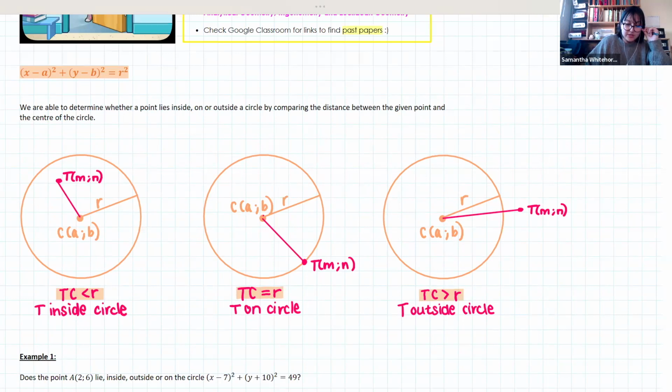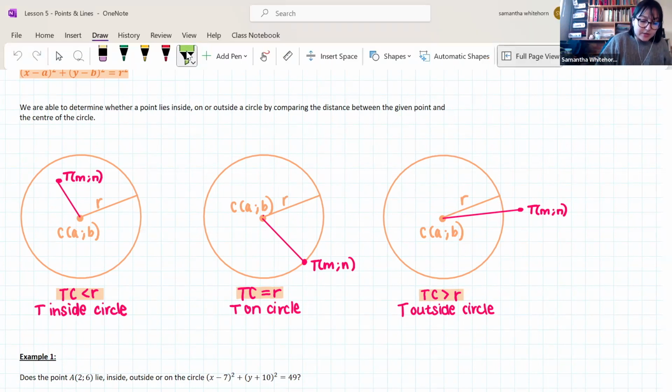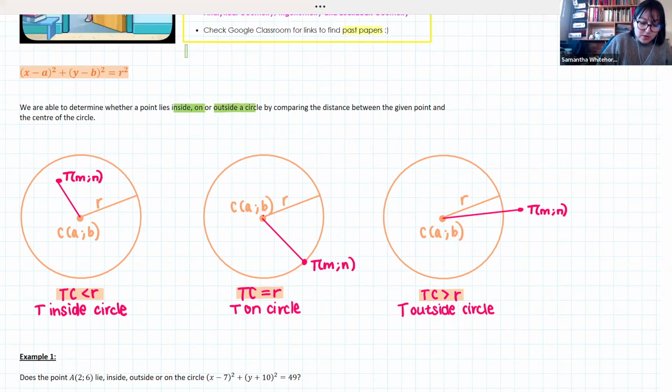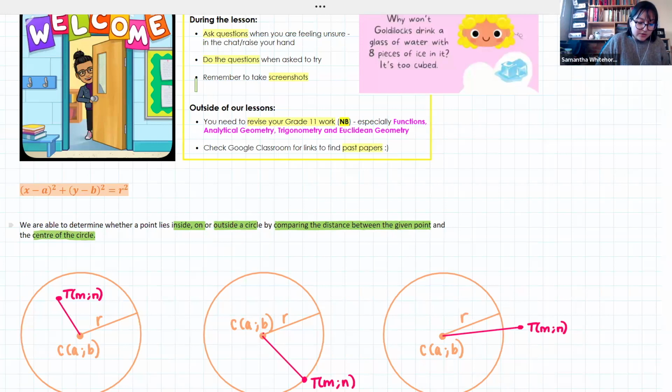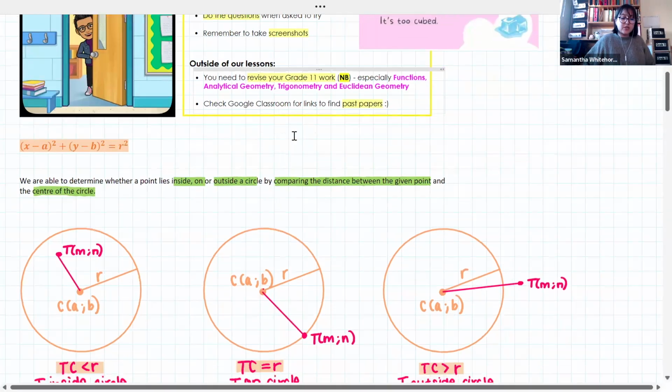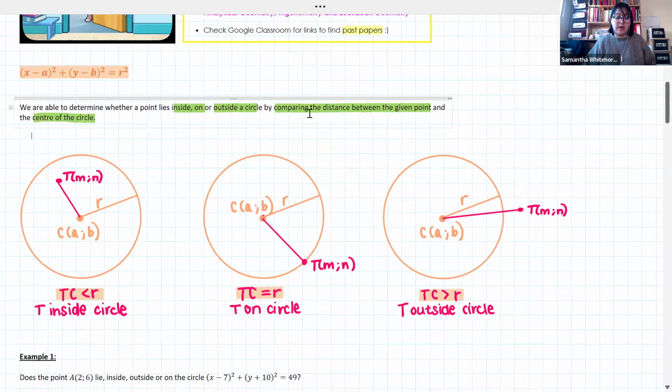Alrighty, so what I have here is just a summary of how we can find out whether or not a specific point lies in, on, or outside a circle. As you can see here, to determine whether a point lies inside, on, or outside a circle, we compare the distance between the given point and the center of the circle. If we know how far away that point is from the center of our circle, we can determine whether or not it lies inside or outside.